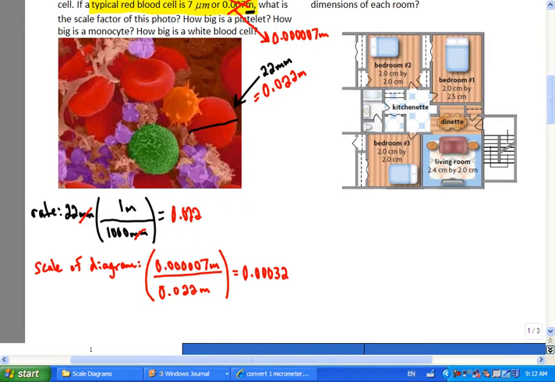All right, so let's try to figure out, if I take one of these measurements, let's take a look at a platelet. I'll measure across one of the platelets.